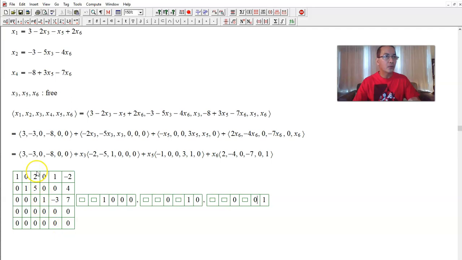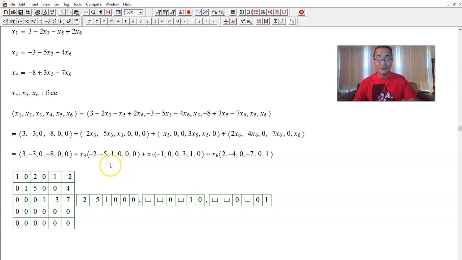Okay, so where do the 2 and the 5 go? In our first vector, they become -2 and -5. Does that look familiar? That's exactly our first vector. Okay, our next free variable is x5. That goes into the second vector. We have 1, 0, -3. Aha!